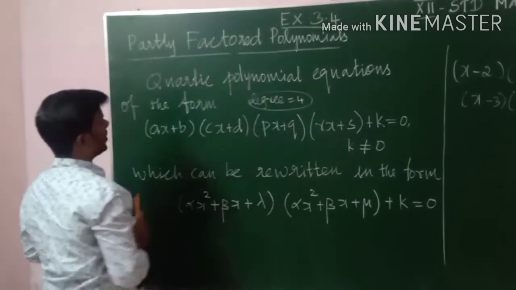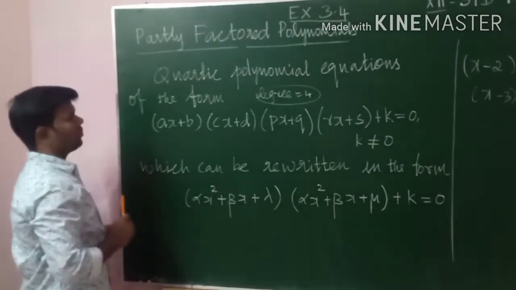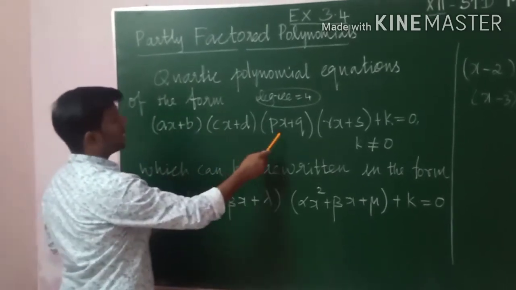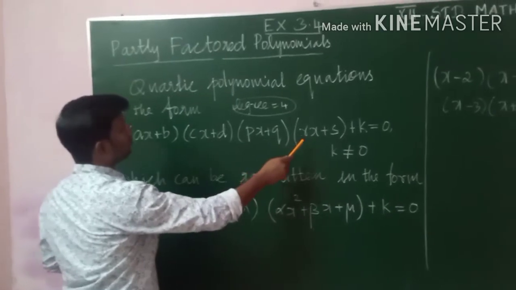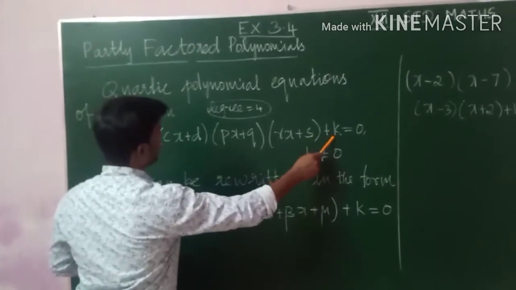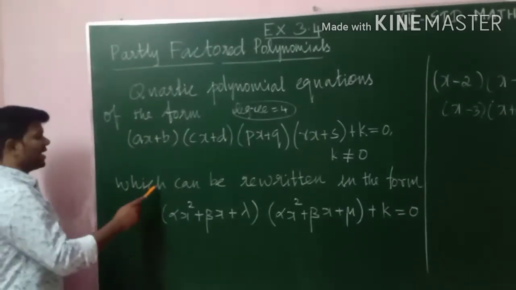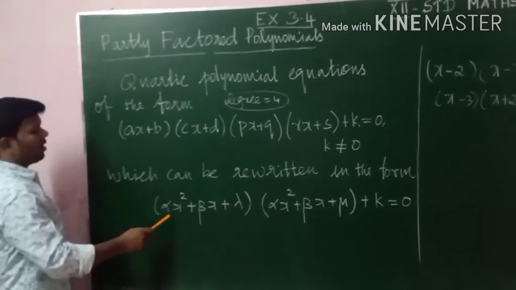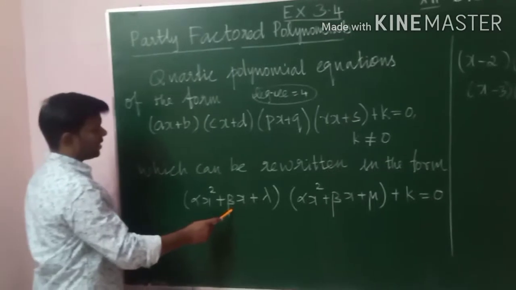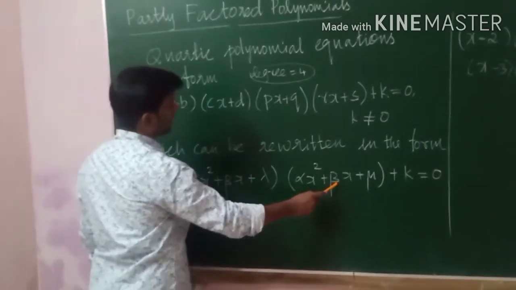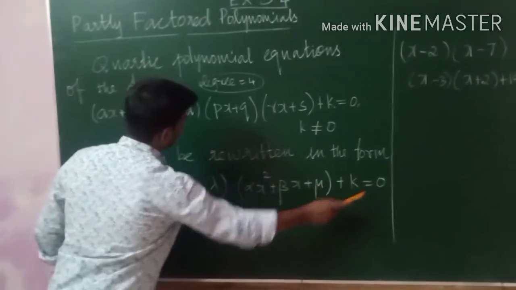Partly factored polynomials, where k is not equal to 0, which can be rewritten in the form (αx² + βx + λ)(αx² + βx + μ) + k = 0.